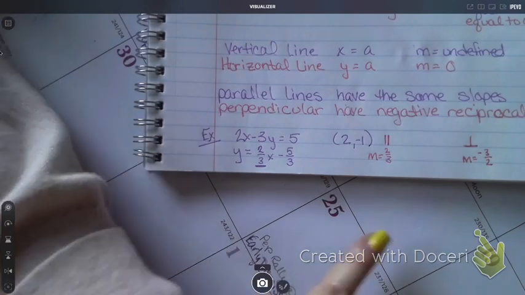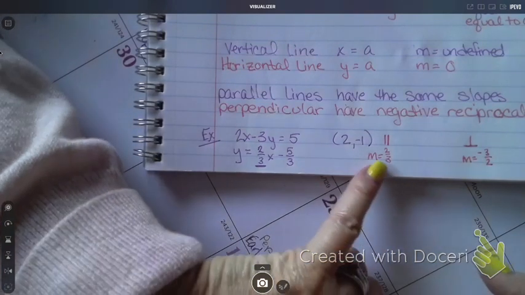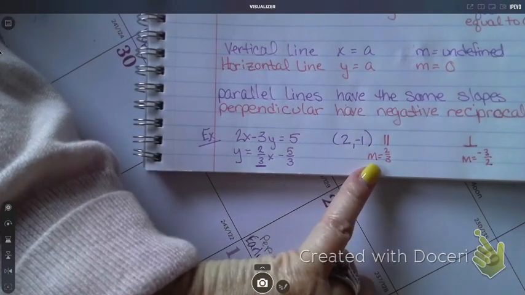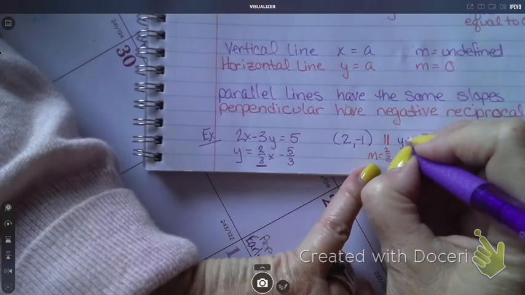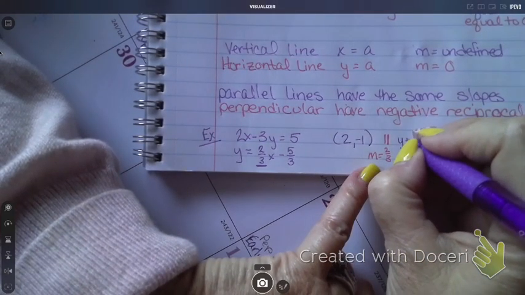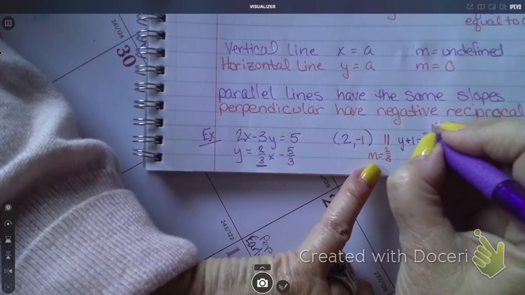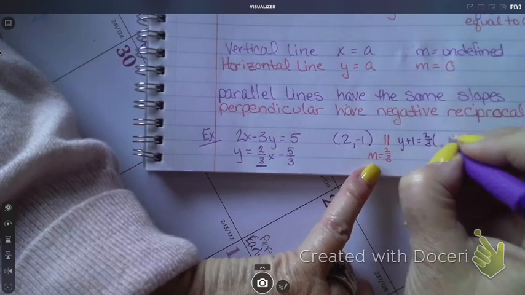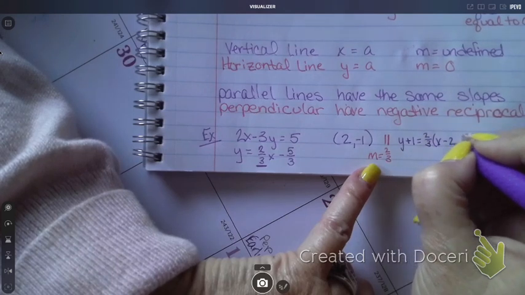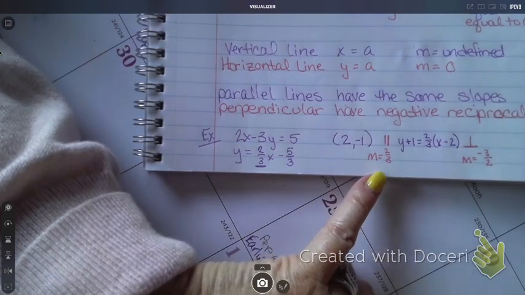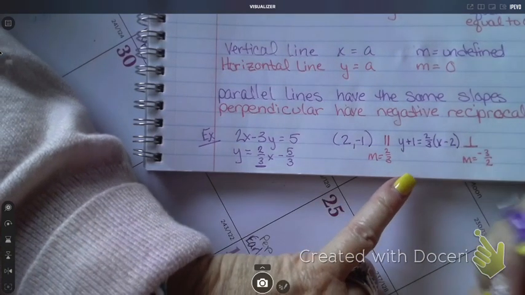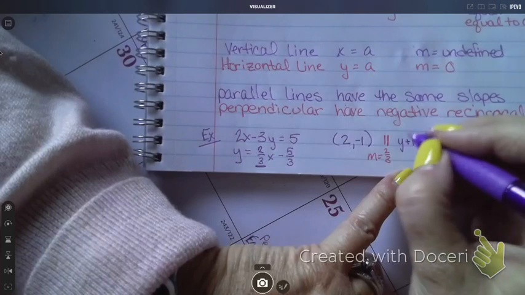Yes. So now I just plug it in the point-slope form. So y minus y, so it'd be plus 1, equals 2/3 times x minus 2. And I don't want to turn the page, so I'm going to crowd it.